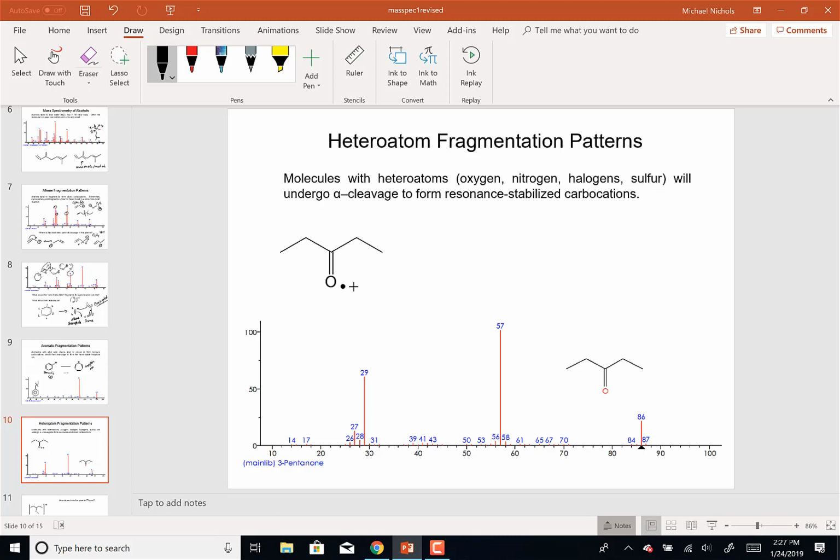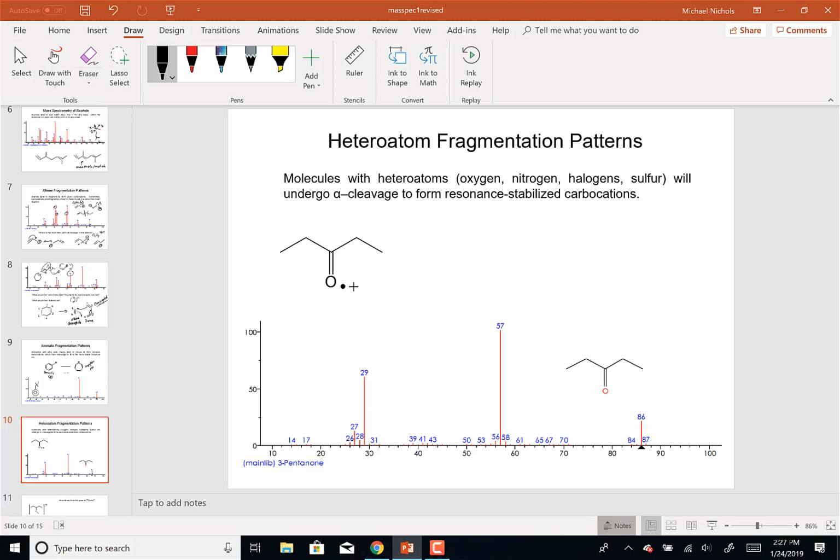Now, before I get to what alpha cleavage is, we have to define what the alpha carbon is, because it's slightly different than the alpha and beta carbons we talked about with elimination.